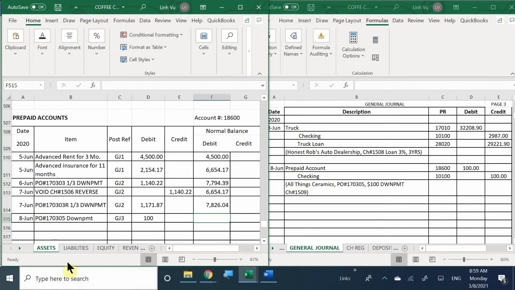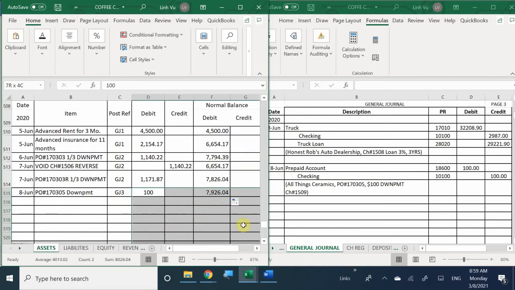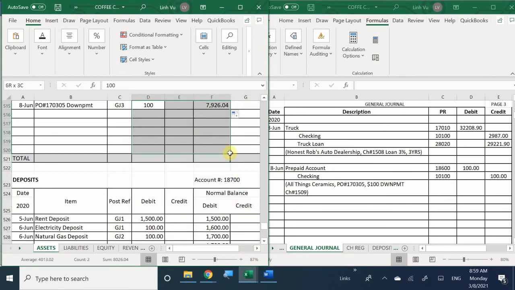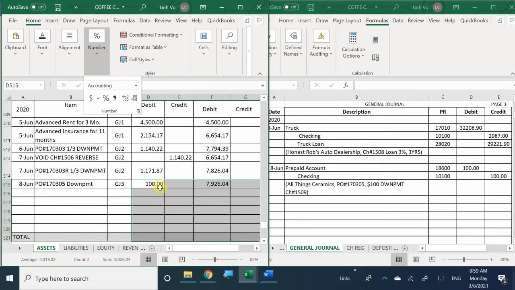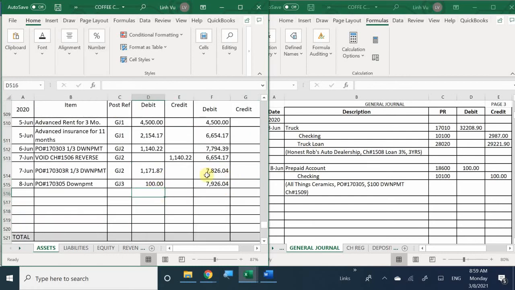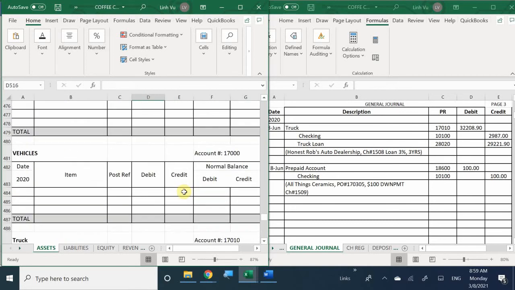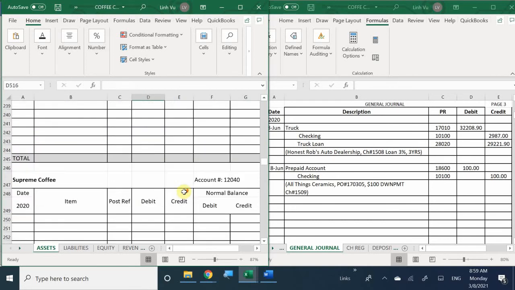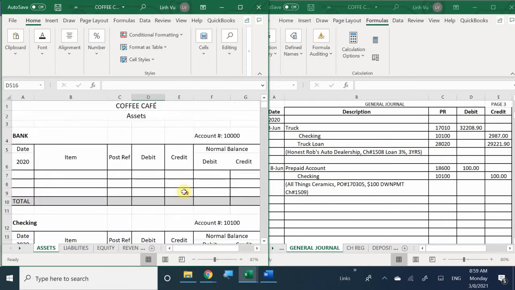So if you pull down your formula, now I should be at $7,926.04. And then I'm going to scroll all the way up to the top because next is my checking account.